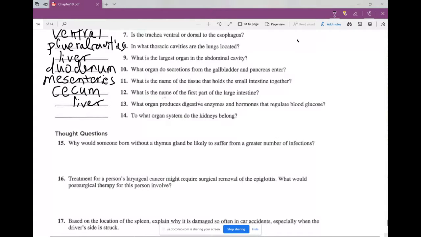So the kidneys belong to the urinary system. Okay, we'll discuss more about that in a couple of days.